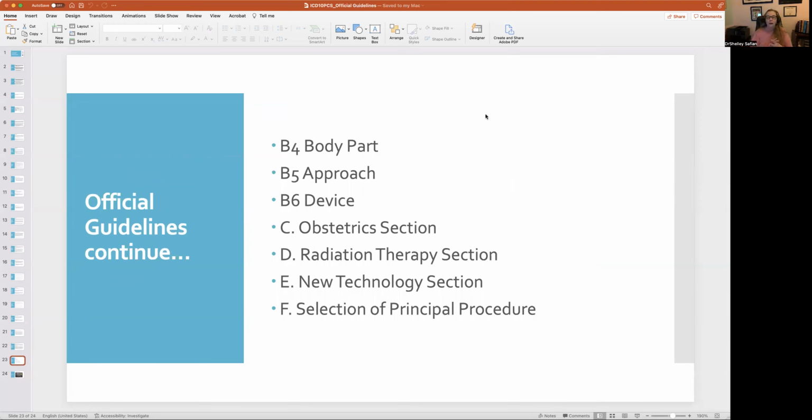And then you have more guidelines based on the body part, based on questions about the approach, based on questions you might have about coding a specific device. Then, of course, there are guidelines related to the obstetric section, the radiation therapy section, the new technology section. Always a challenge. Remember, that changes every year. And what I mean by that is it's added to every year. And of course, the guidelines for selection of the principal procedure. Now, that is going to be your first listed on the claim form.